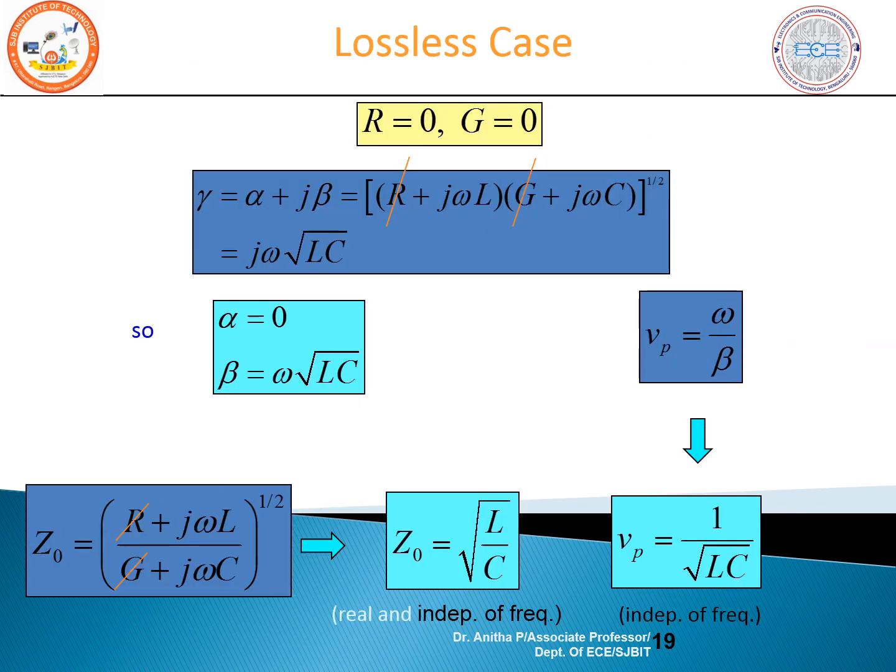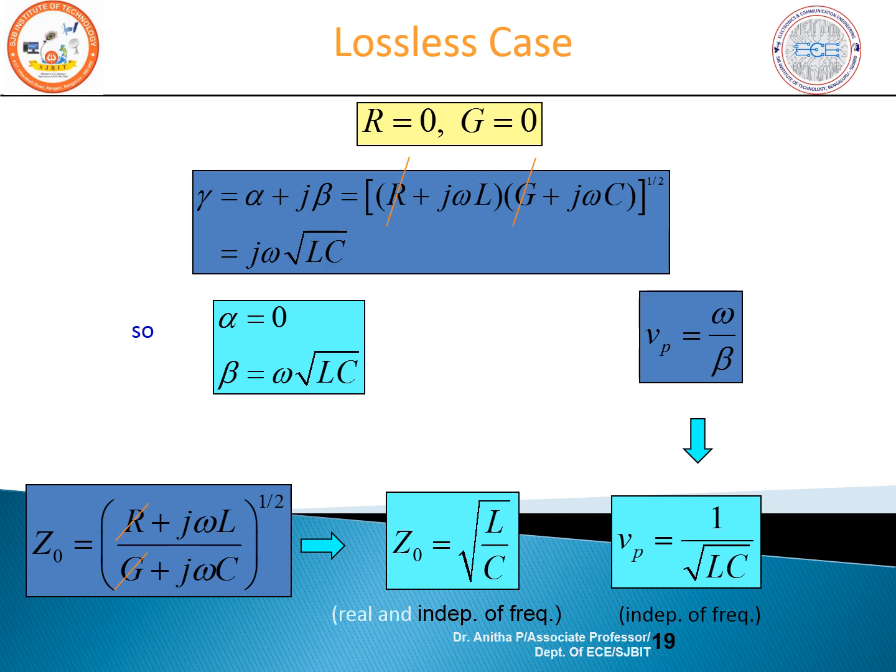This is a summary of transmission lines, what we had seen, and the same summary we can conclude for the lossless case. The lossless case indicates where resistance and conductance become 0. So the gamma factor becomes, by making R and G value 0, only j omega root LC.